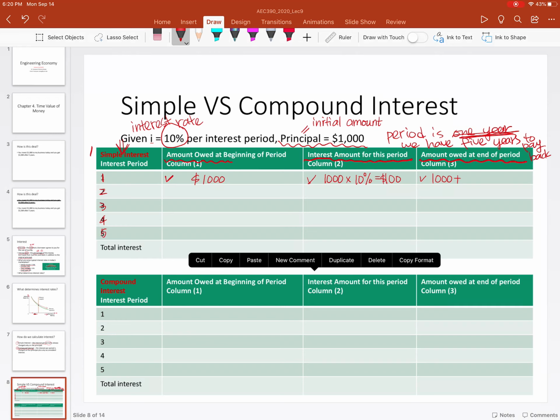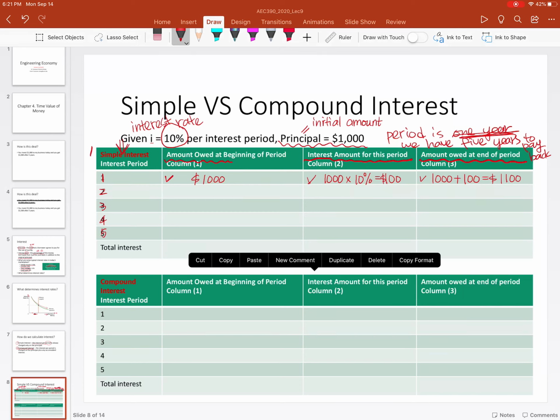Because you have to pay them the investment plus the interest. That's the deal. So it's 1,000 plus that 100 interest. The result will be $1,100 at the end of the first year.